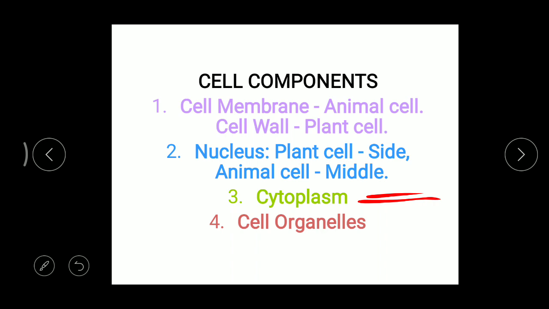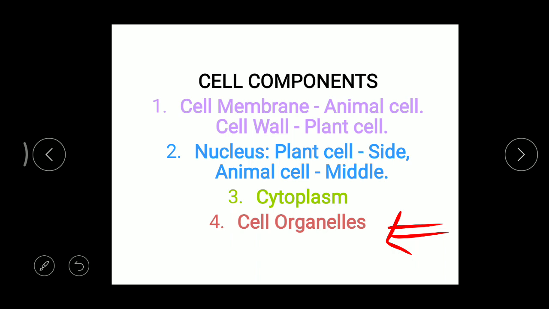And in that cytoplasm we can find many parts of the cell, and those parts are called cell organelles. So inside the cytoplasm we can find the structures called cell organelles. And what's the last one? That is cell organelles.